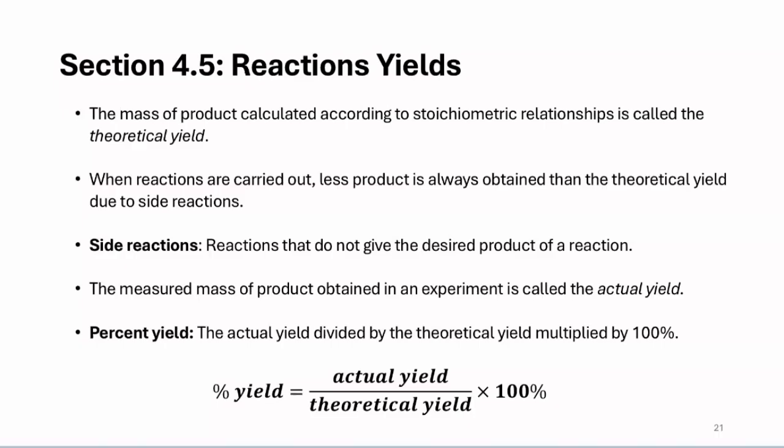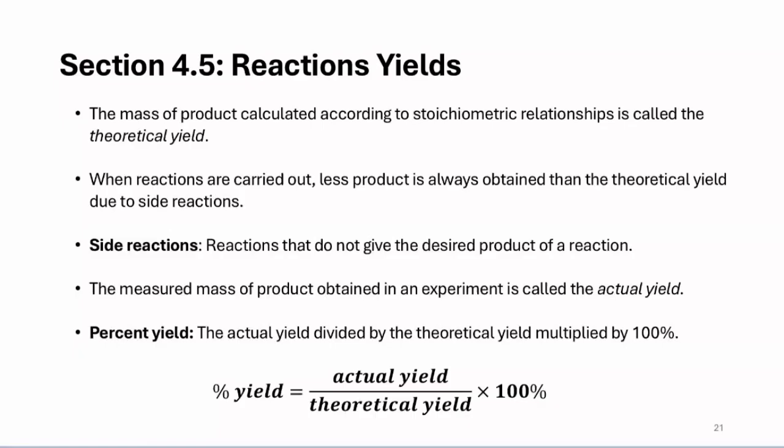Lastly, we're going to talk about reaction yields. When reactions are carried out, less product is usually obtained than the theoretical yield due to side reactions. The theoretical yield is the mass of product calculated according to stoichiometric relationships within my chemical reaction.